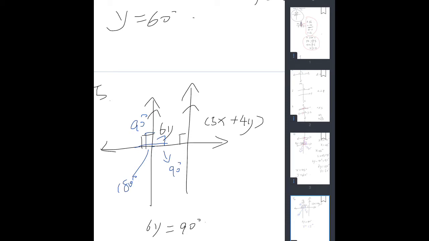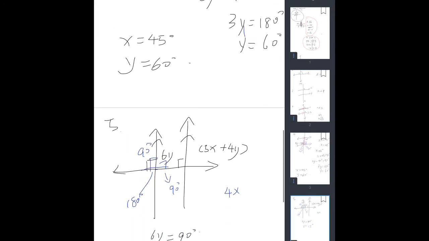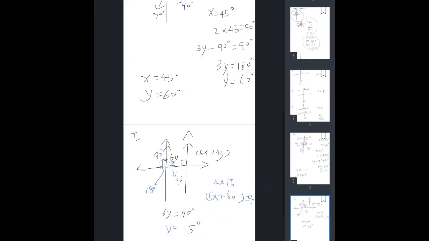And if we got y is equal to 15 degrees, what we are gonna do now is put it into the equation: 4 times 15 is 60 degrees. 5x plus 60 degrees is equal to 90 degrees. So 5x is equal to 30 degrees and x is equal to 6.